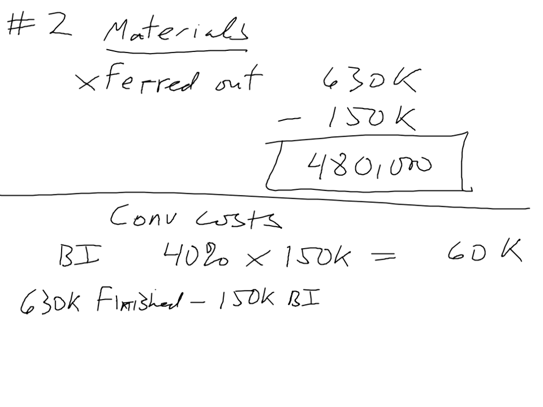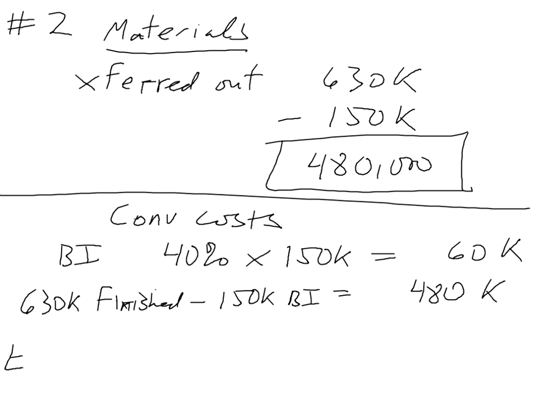So if you have 630,000 units that you completed, 150 of it came from the prior period. So that means that you had 480,000 units that were started and completed in this period. 630 minus 150 is 480.